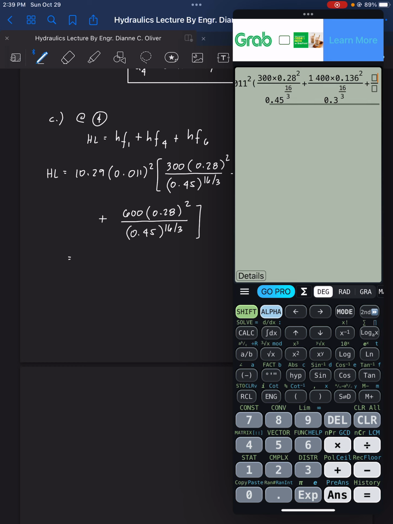Next, plus 600 times 0.28 squared all over 0.45 raised to 16 over 3.